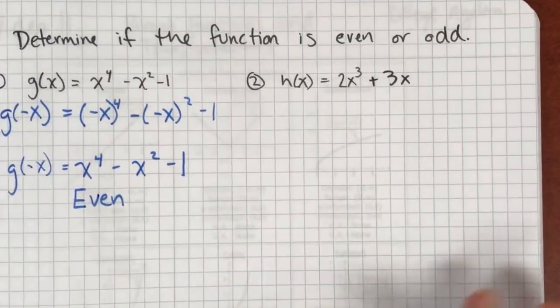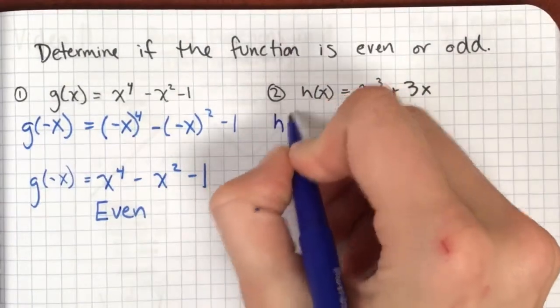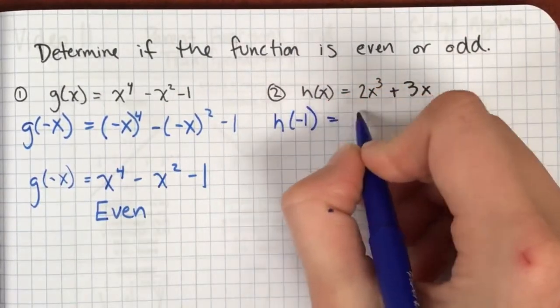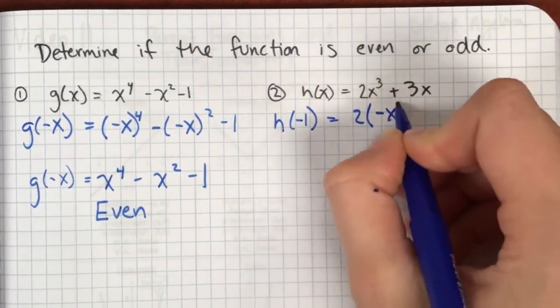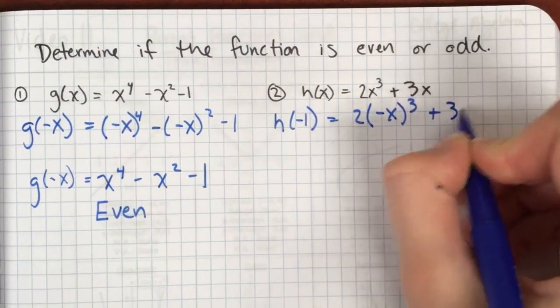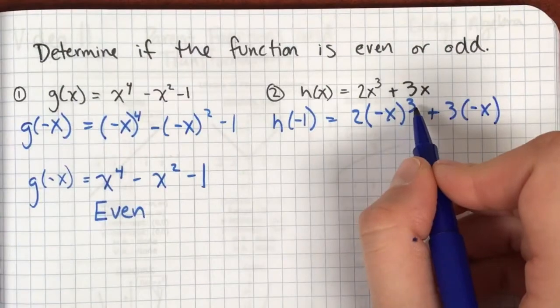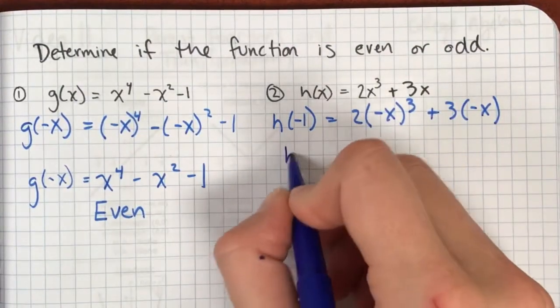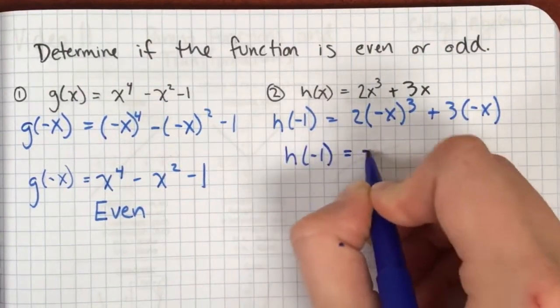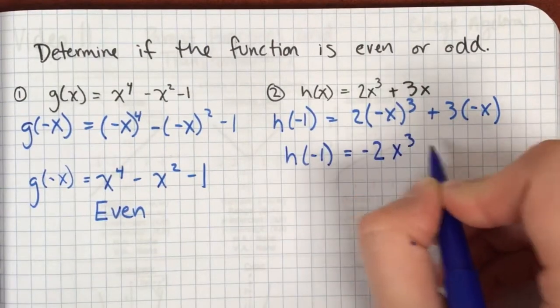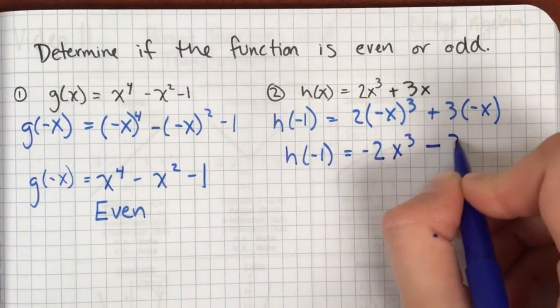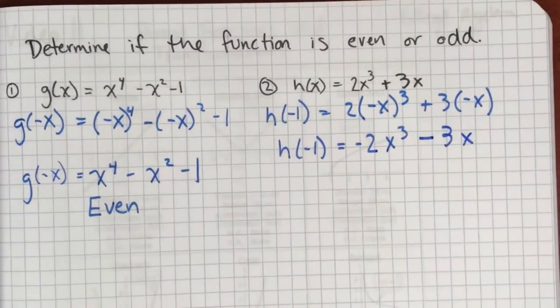All right, with our next example, again, we're going to plug in that -x. And then we just have to simplify. Negative raised to an odd power would be negative, so this would become -2x cubed, and this would be -3x.